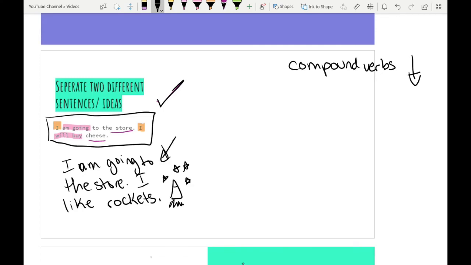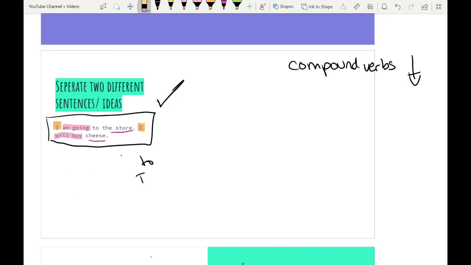Why does a store have to do with rockets? So you have to make sure that they make sense together. Okay, so let's take a look at this one right here. I am going to the store, I will buy cheese. Now this makes sense because it's happening one, and then you have the second thing happening.